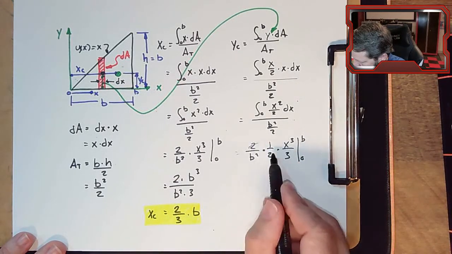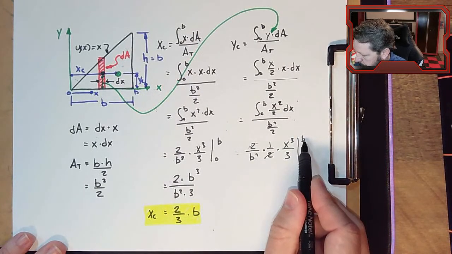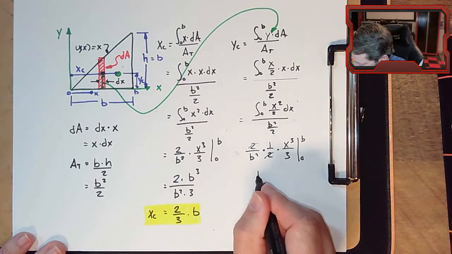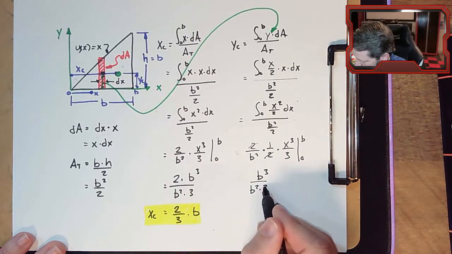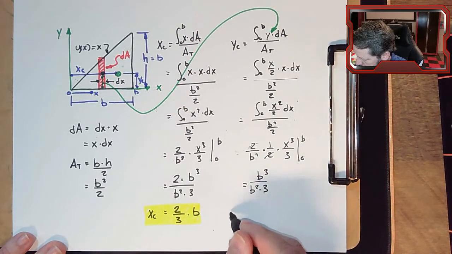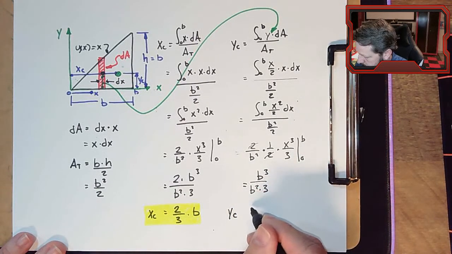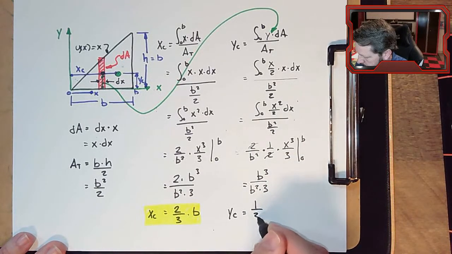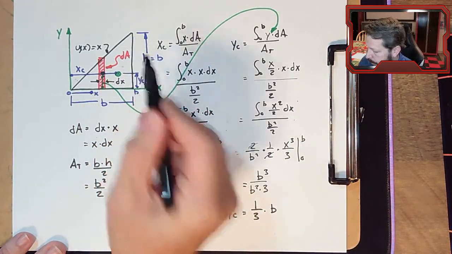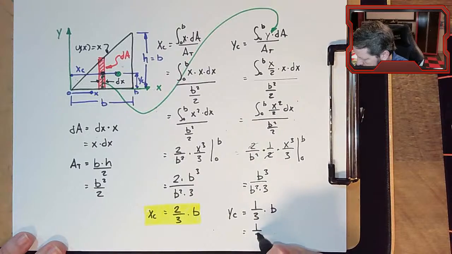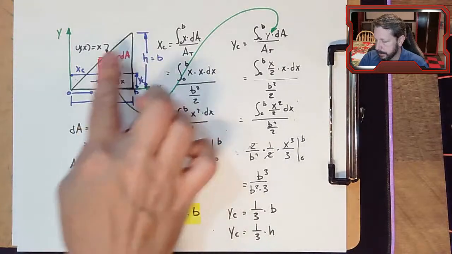So the 2 over 2 cancel out, and I'm left with x cubed, which I'm going to substitute b for, so that's b cubed over b squared times 3. We can simplify this, since b cubed over b squared is just b. So I have 1/3 times b. And remember, in this setup, b is equal to h, so 1/3 of h makes more sense in this setting.